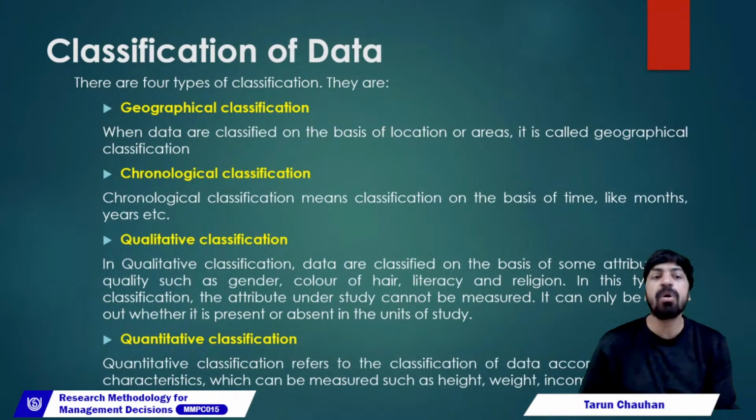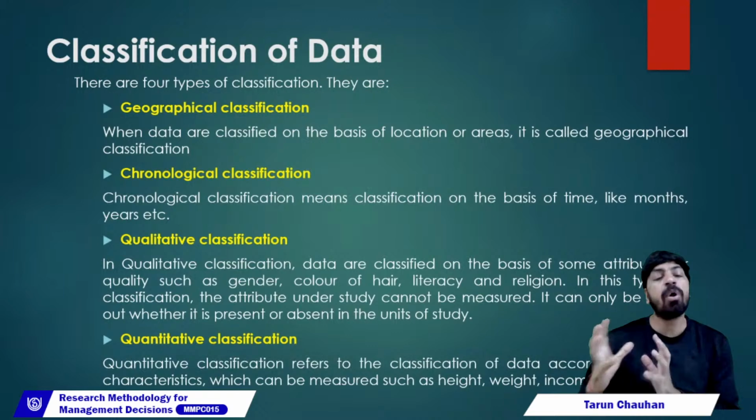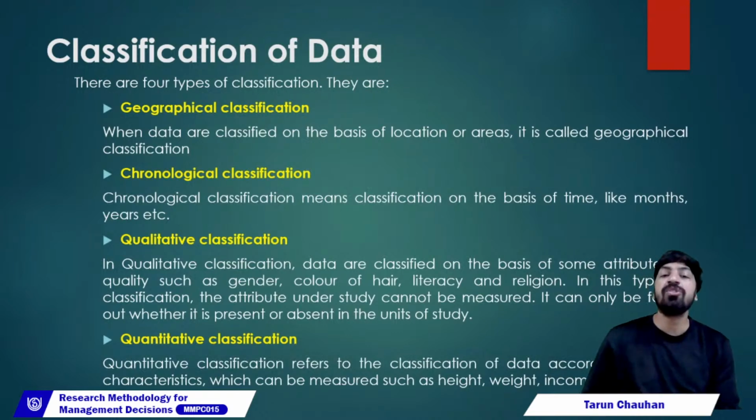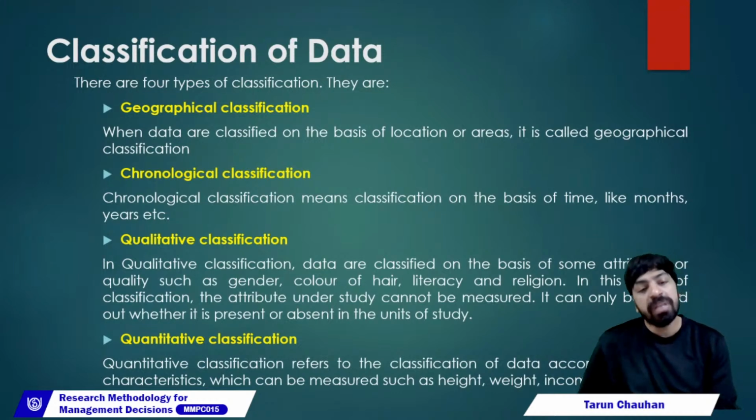When we talk about qualitative classification, the data are classified on the basis of some attributes or qualities, that is, common characteristics such as gender, color of hair, literacy, religion, ethnicity, occupation, and many more. Under this type of classification, the attribute under study cannot be measured. The attribute is a characteristic the researcher is willing to study, so it can only be found out whether it is present or absent in the units of study.